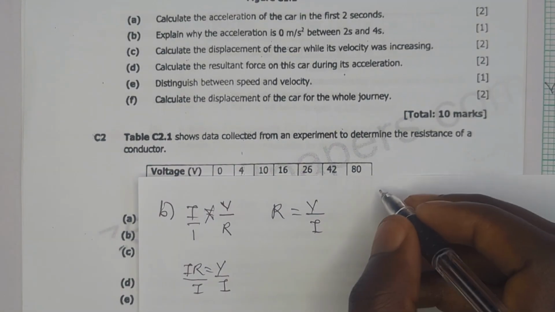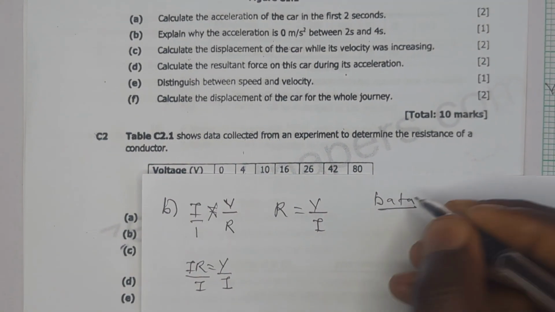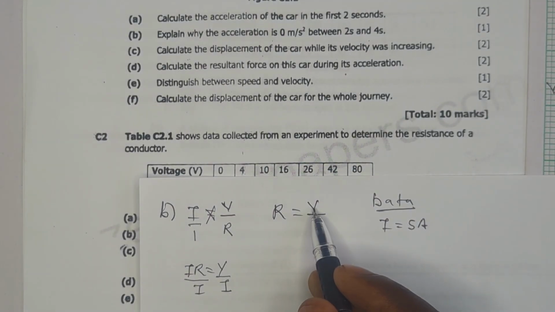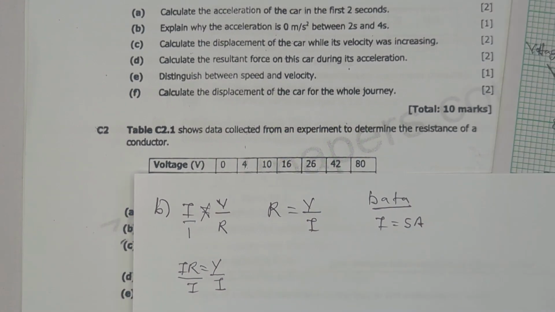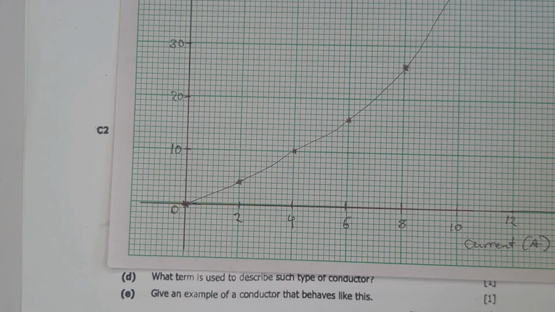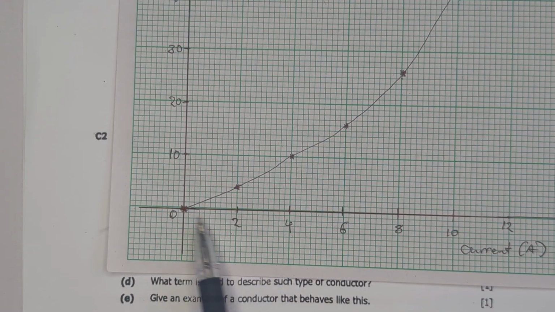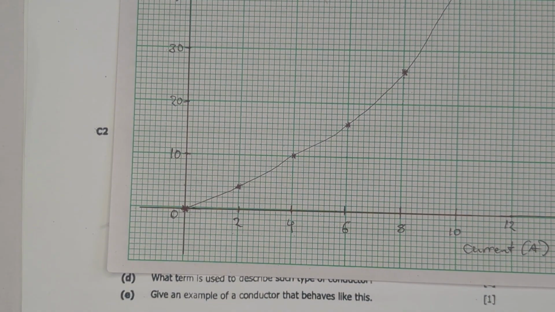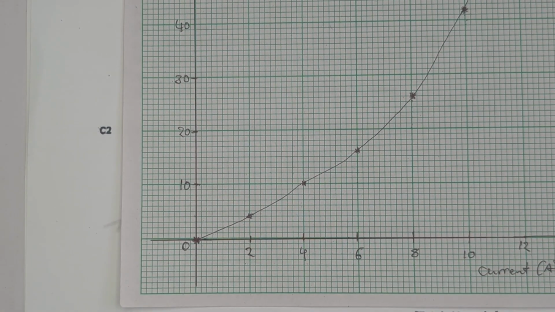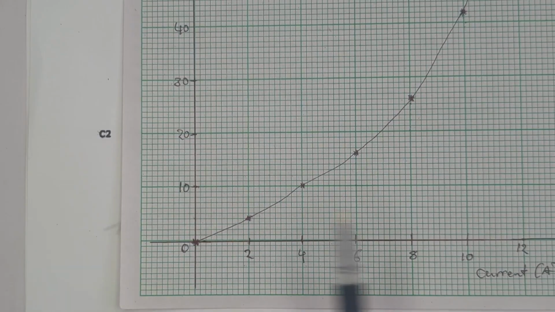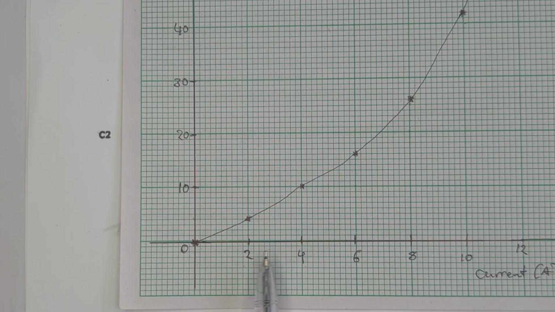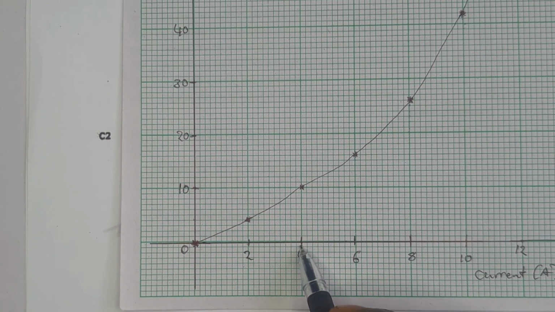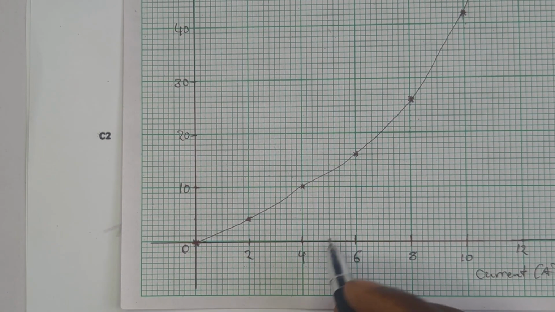Now, the data that has been given, current that is 5 amps. So for the voltage, we get it on the graph. So if we check the graph, so down here, the scale which is down here, it is representing the current. Okay, so if we've been given the current to be 5 amps, and if we check the scale down here, this is 2, 4, 6, so 5 must be in between 4 and 6.